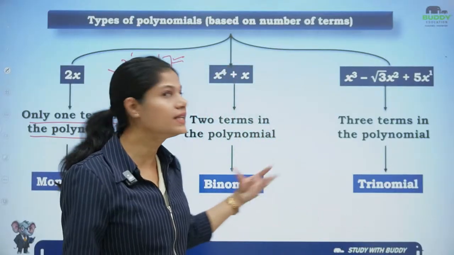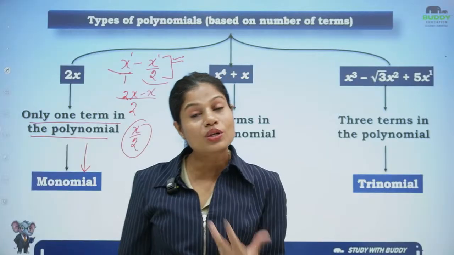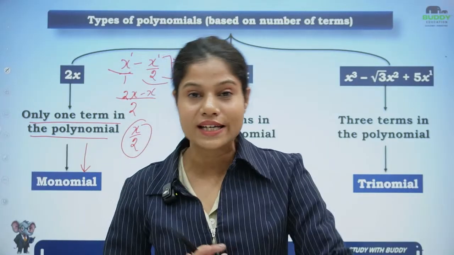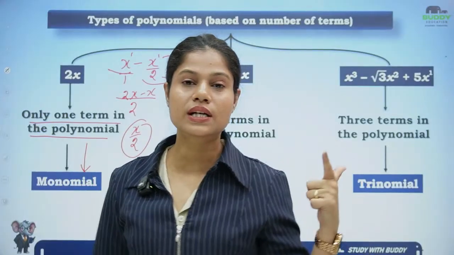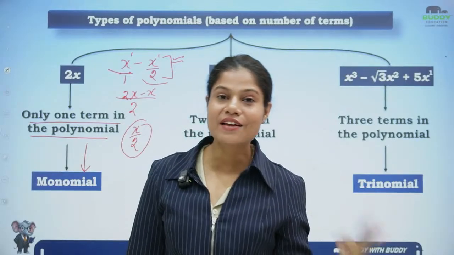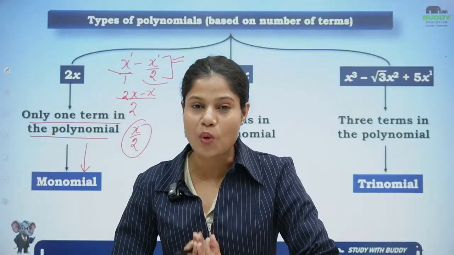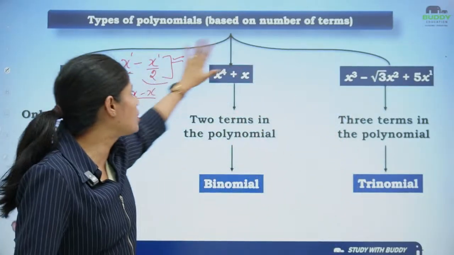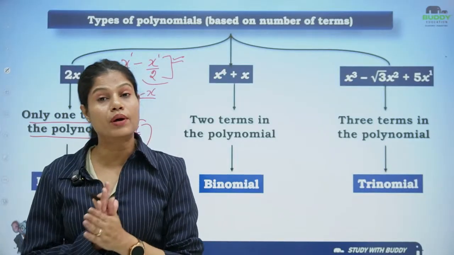If there are three terms, we call it a trinomial. And if there are more than three terms, we call it a polynomial. So one term, monomial; two terms, binomial; three terms, trinomial; and if you have more than three terms, then you name it a polynomial. This is how you can categorize polynomials on the basis of the number of terms.